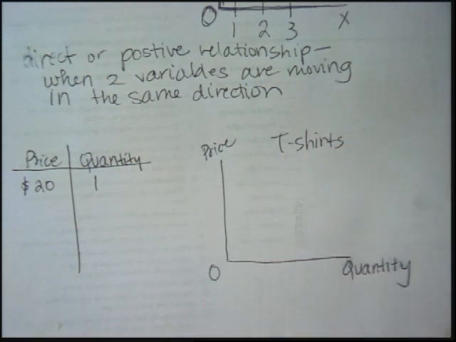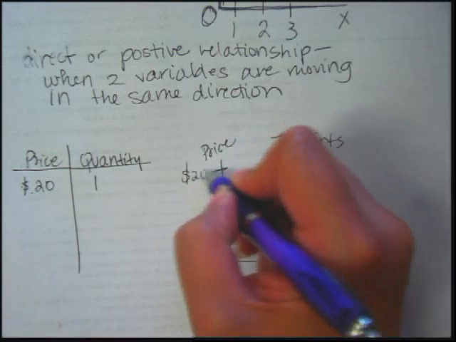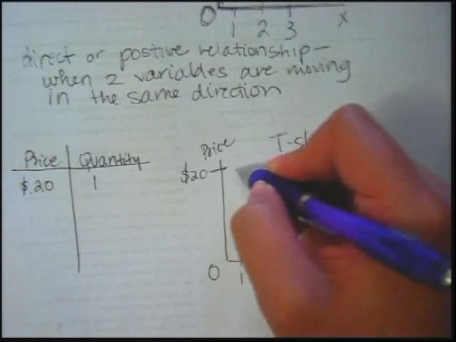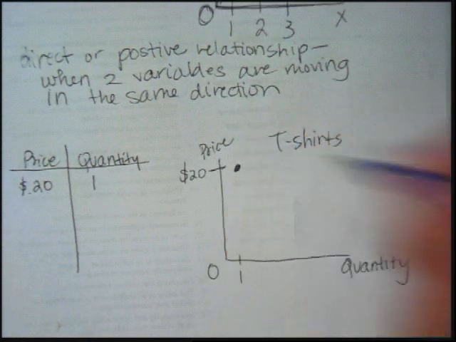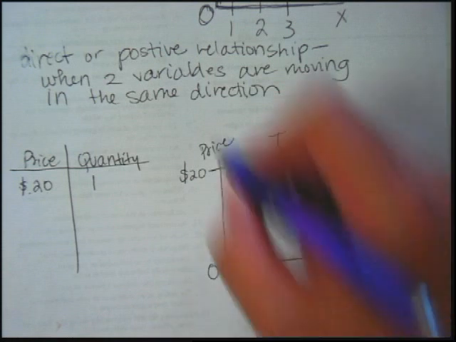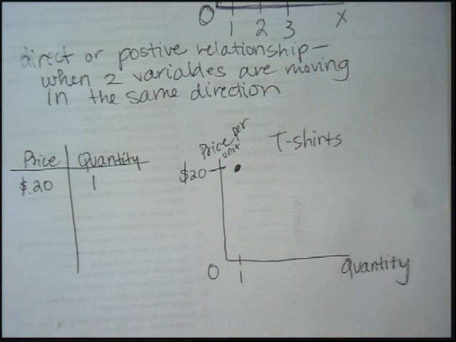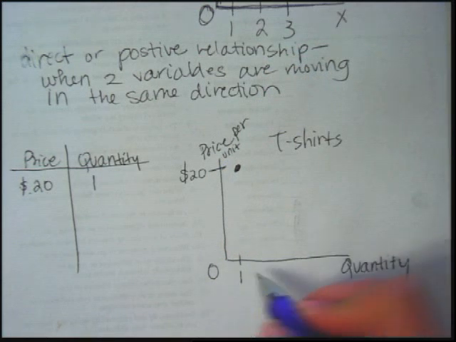Remember, this is 0. If the price is 20, that's going to be way up here. And 1's just going to be right there. So that represents that point. If you only had $20 to spend and t-shirts were $20 a piece, remember this is price per unit, or t-shirt in this case, right? You can only buy a total of one t-shirt.